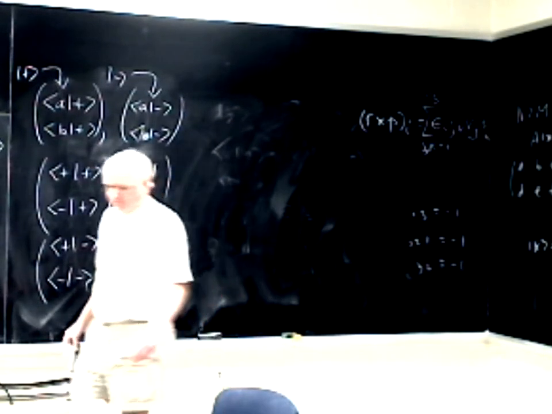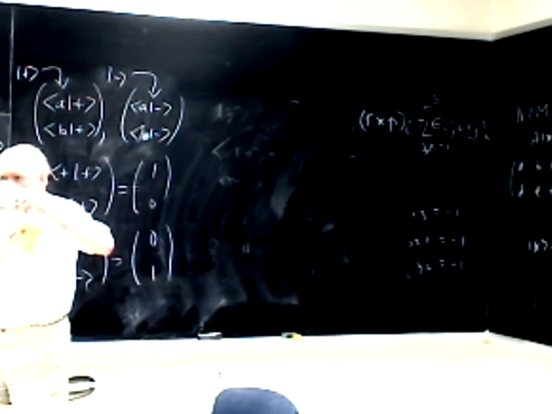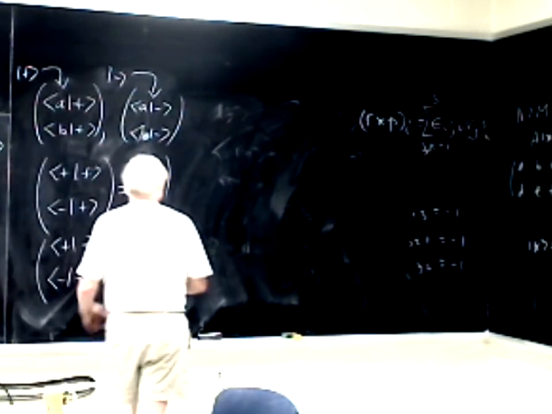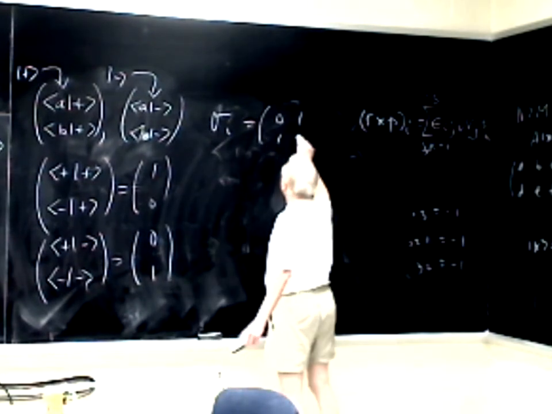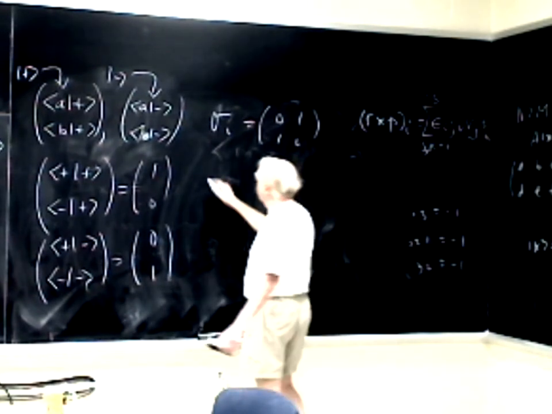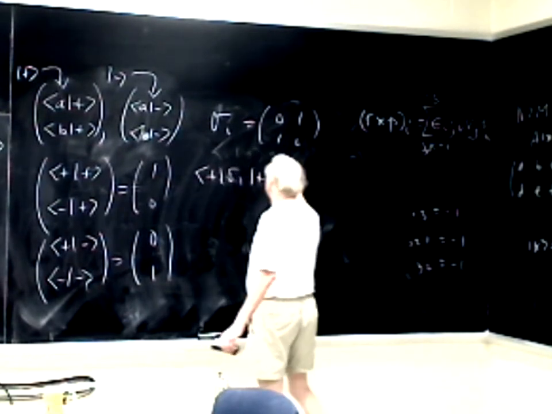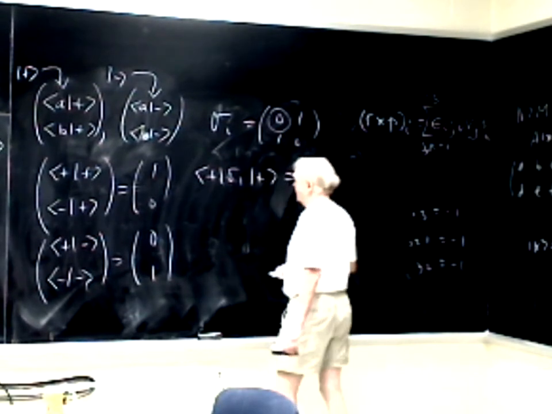And then the matrix there, when we say sigma 1 is 0, 1, 1, 0, what we mean here is that plus sigma 1 plus is 0. That's the top left matrix element.